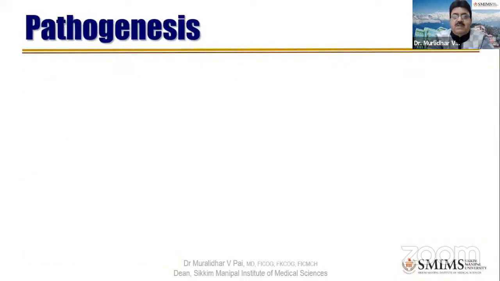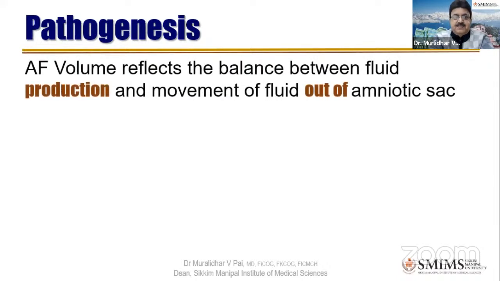What is the pathogenesis of polyhydramnios? All of us know the contribution to the liquor around the baby. Obviously, it's a demand and supply, and the utilization or the evacuation of the water. Amniotic fluid volume reflects the balance between fluid production and movement of the fluid out of amniotic sac.